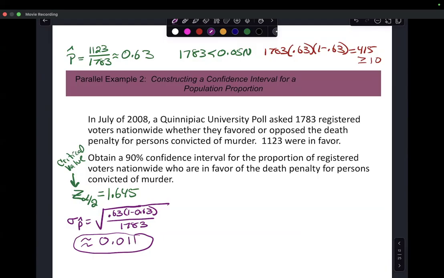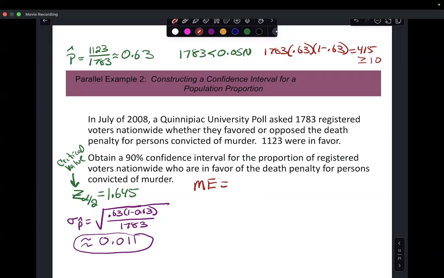So now I'm going to take my p hat and add the z-score, z sub alpha divided by 2 times our sigma sub p hat. Actually, not doing that yet. Let's calculate our margin of error. It's going to make it a little bit easier.